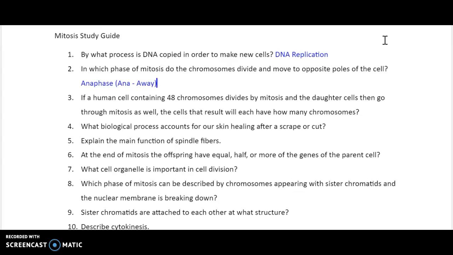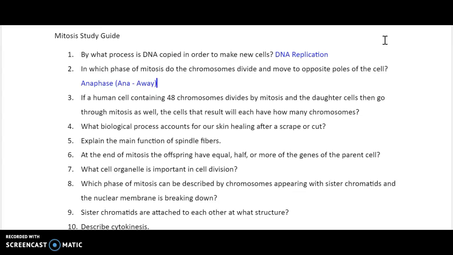Number 3, if a human cell contains 48 chromosomes, divides by mitosis, and the daughter cells then go through mitosis as well, the cells that result will have how many chromosomes? Well, the process of mitosis makes identical cells. So all of the cells would have 48 chromosomes. They would be identical to that original parent cell.